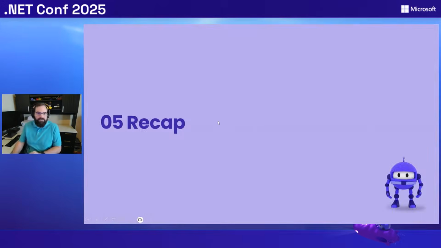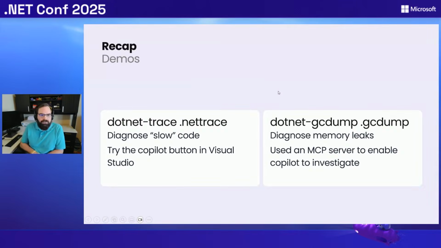So let's do a recap. In the two demos, I showed .NET Trace and opening a NetTrace file, which is what you'd use to diagnose a slow application, and then you could use the Copilot button in Visual Studio to investigate further.